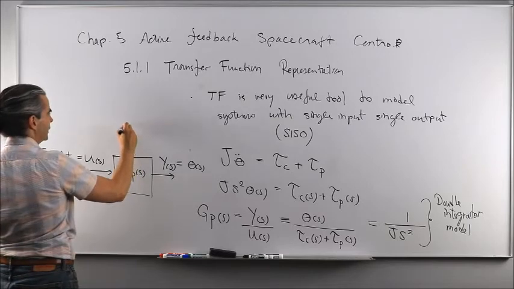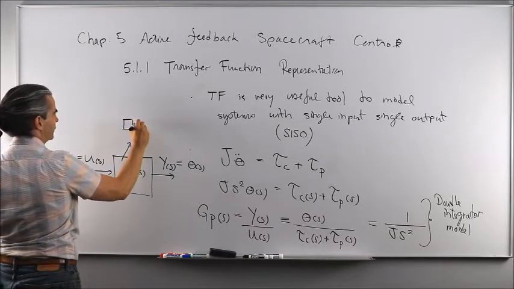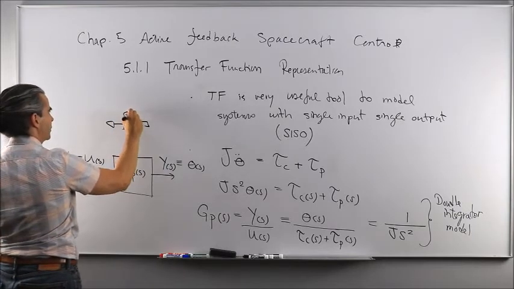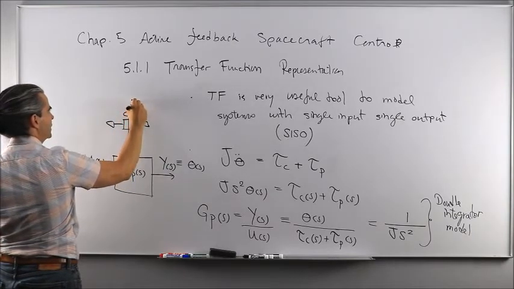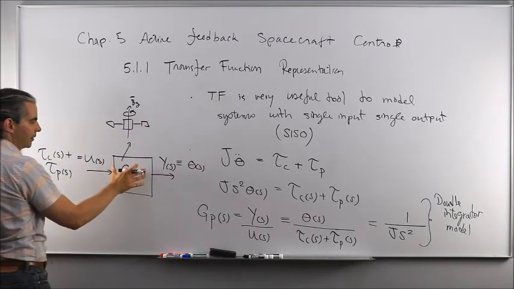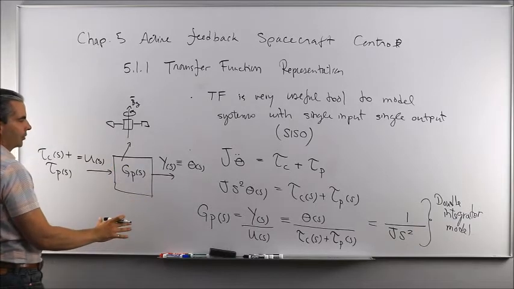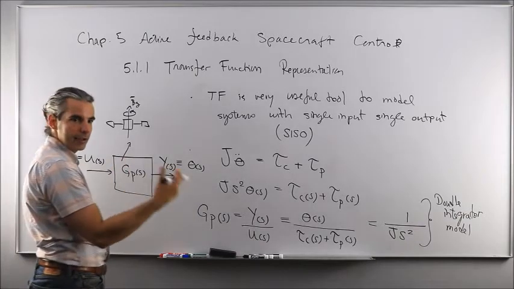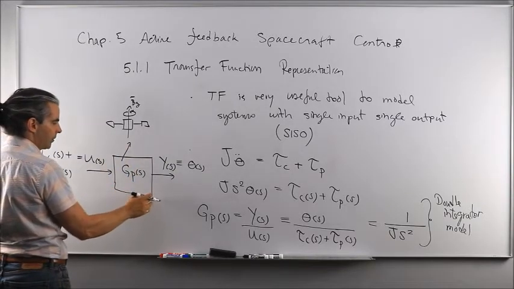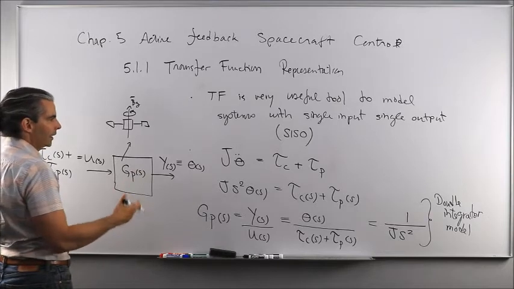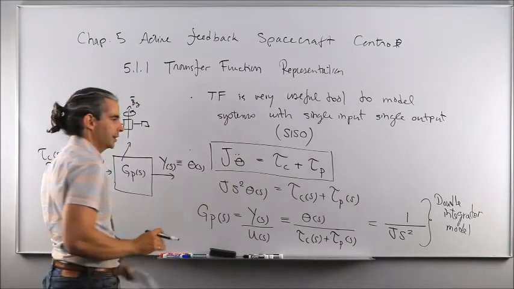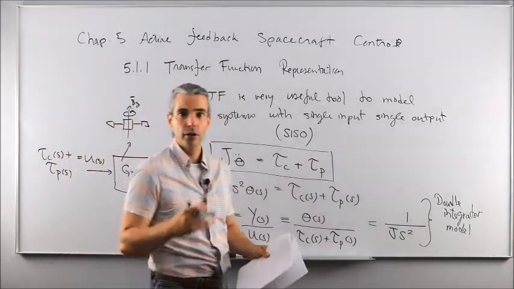And this is your spacecraft in terms of rotational dynamics about a single axis, say BZ, like that. And you would have to copy and paste this box 2 other times to capture the rotational motion about the other 2 axes, because the spacecraft is not only rotating about one axis, generically speaking, but about 3 axes simultaneously. Yet, through this mathematical modeling, we have considered that all 3 axes were perfectly decoupled from one another.